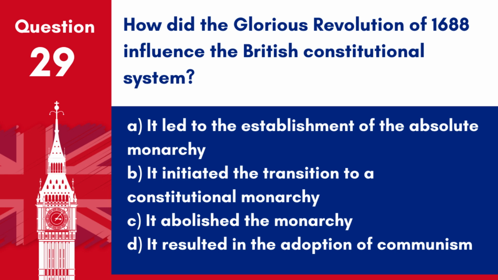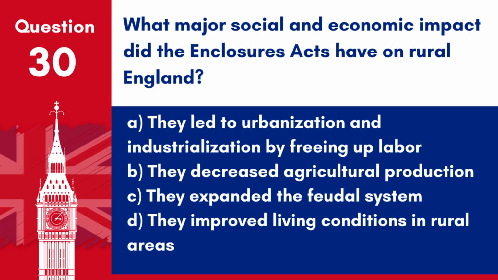D. It resulted in the adoption of communism. Answer: B. It initiated the transition to a constitutional monarchy. The Glorious Revolution of 1688 marked the beginning of modern parliamentary democracy in Britain and the limitation of monarchic powers, establishing a constitutional monarchy.